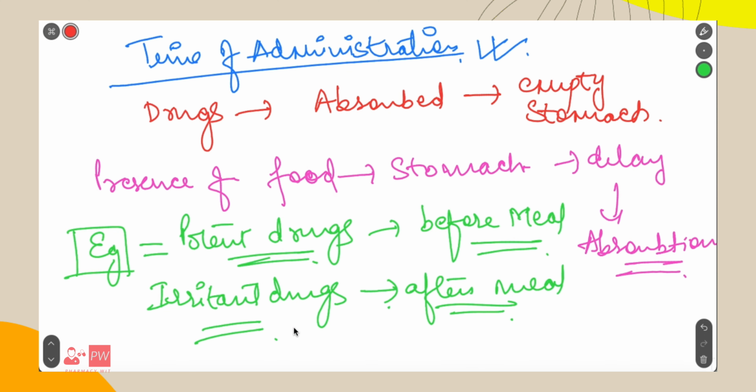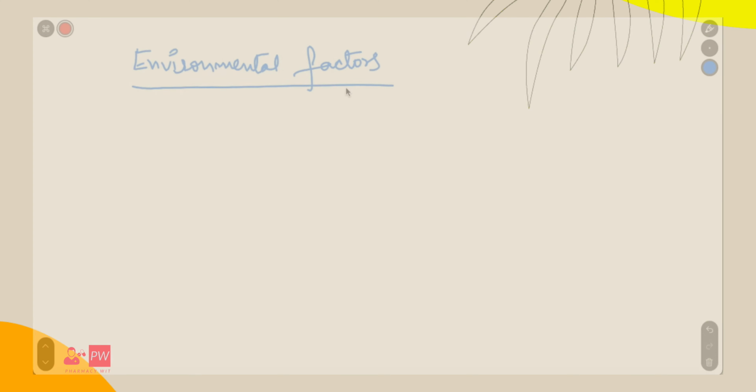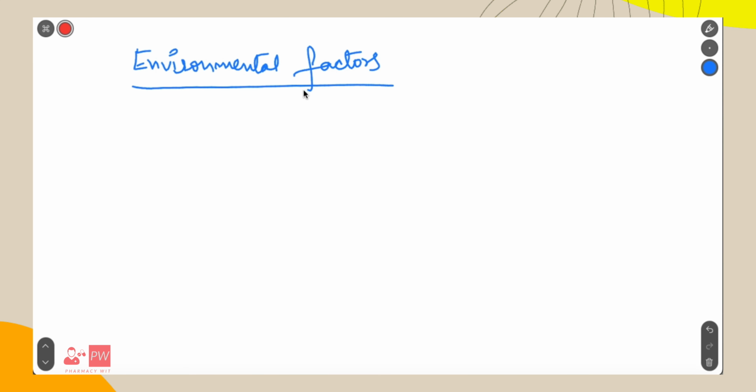Okay. Now the next factor is environmental factors, like whether you are taking the drug at daytime or at night time, as well as in winter or summer. These come under the environmental factors which influence the dose of a drug. For example, stimulant drugs.